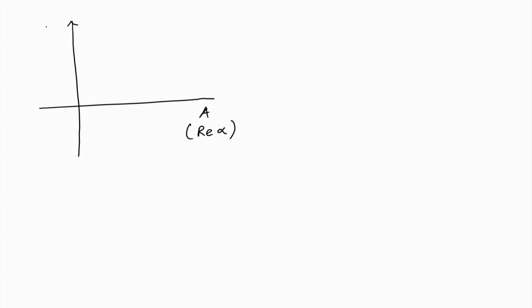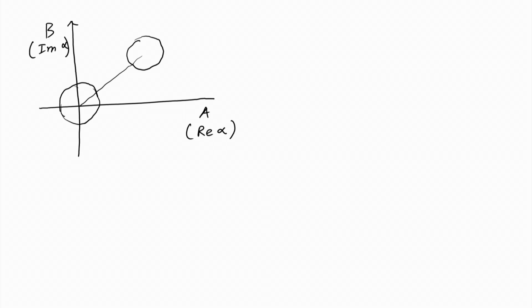So, this is my A axis which is real alpha, and this is my B axis which is imaginary alpha, and so there is a vacuum state, and this vacuum state can be translated to get a coherent state. Pardon the shapes that are not coming very well.